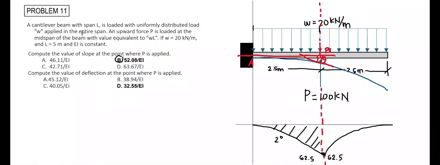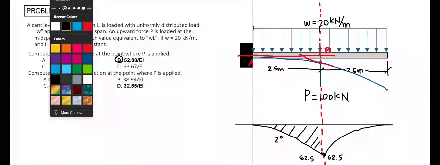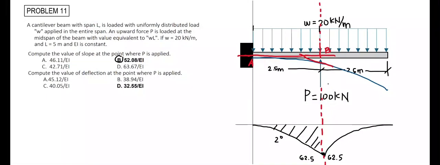Now to compute the deflection at the point where P is applied, using the same concept of the area moment method, the tangential deviation at point B relative to the tangent drawn at point A, which is this one.